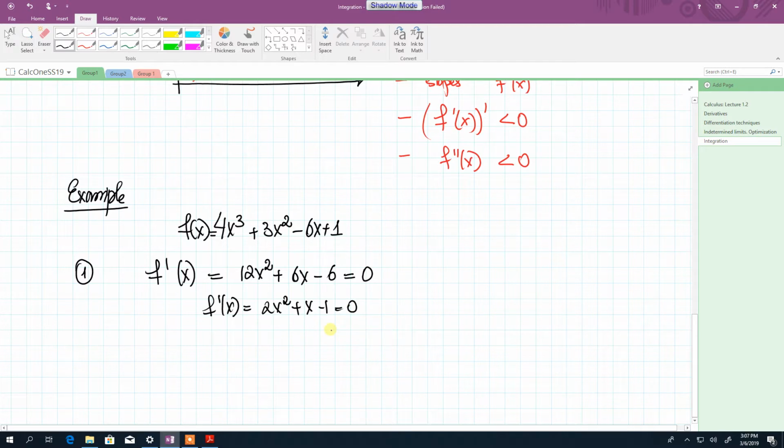Do you remember the roots? x is equal to minus 1, or 1 over 2.